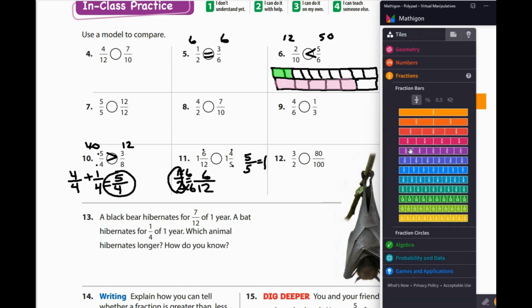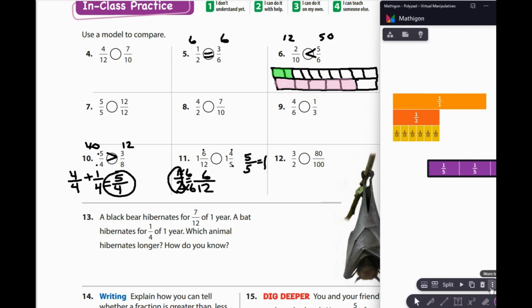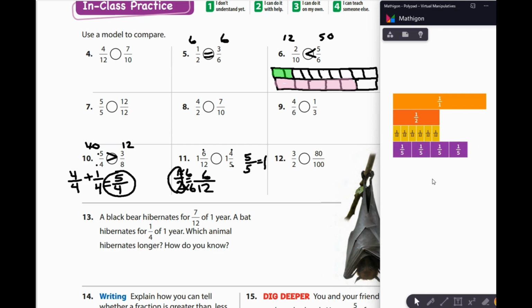Now let's bring in our fifths. Here's my fifth, and I need 4/5. If I compare 4/5 to a whole, 5/5 is a whole. I only have 4/5, but I'm so close to a whole, I just need 1 more fifth.